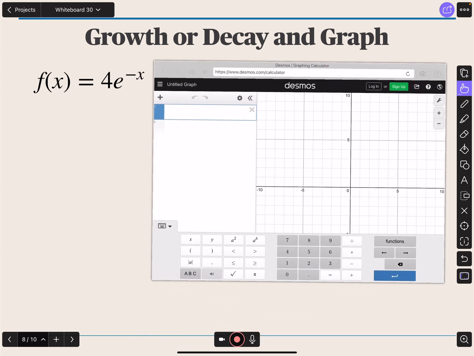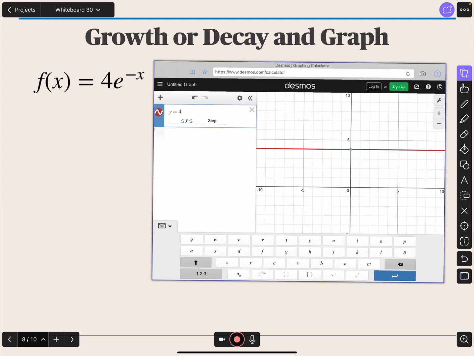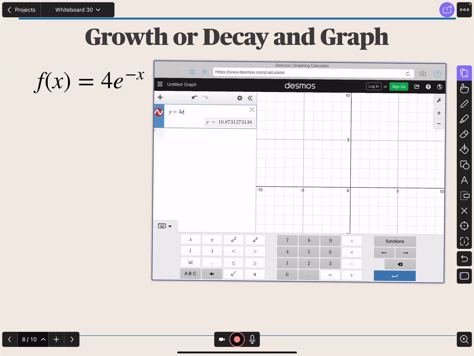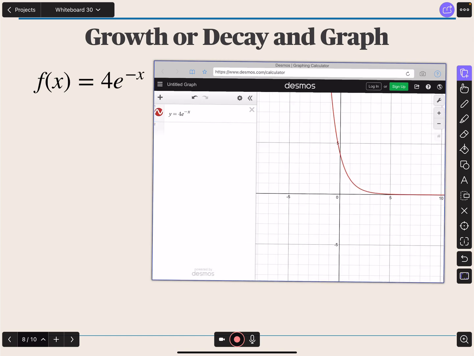So we've got y equals 4. Let's pull up e to the. That's got that negative x in there, so this is going to be decay because that's the r essentially in front of it. Let's take a look at, oops, back up. There we go. So there's my decay function.